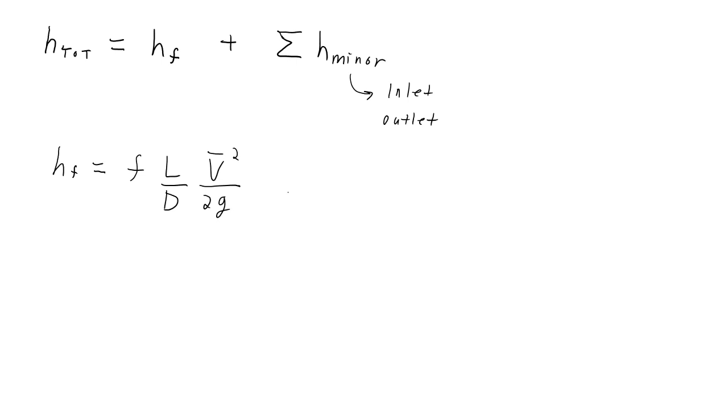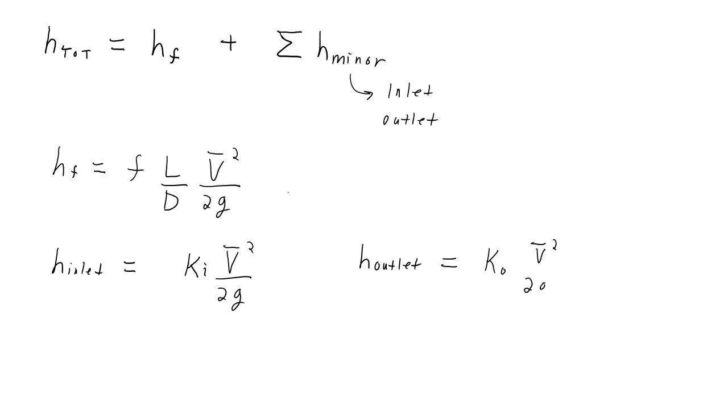The minor losses: one at the inlet, Ki, the K of the inlet, times V squared over 2g. And one for the outlet, K sub o, times V bar squared over 2g.